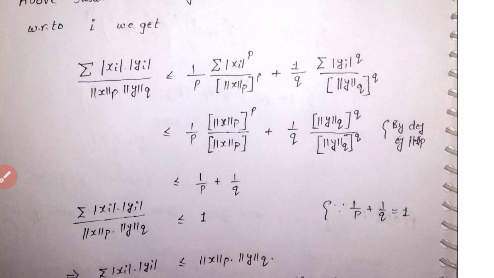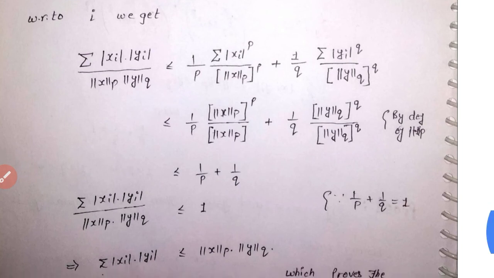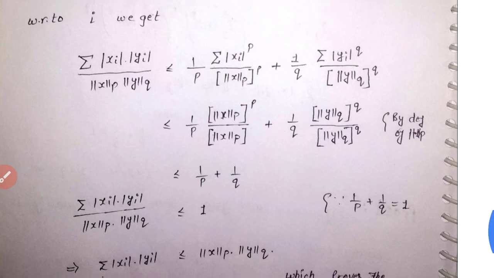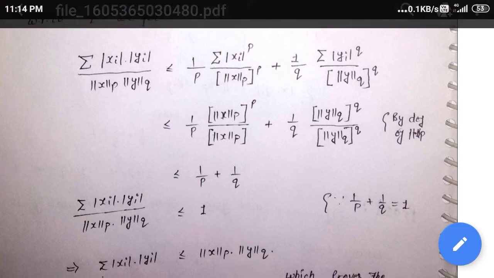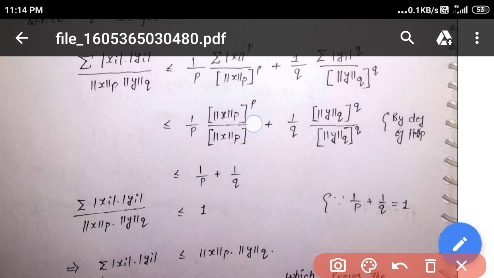Here it is 1 by p and the p-norm of x to the power p, and also here it will be the p-norm of x to the power p. Once again, the p must be written here.